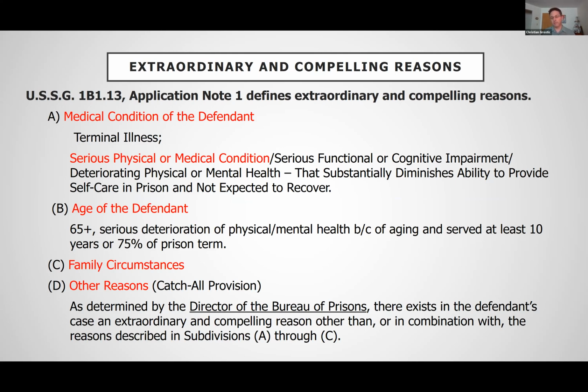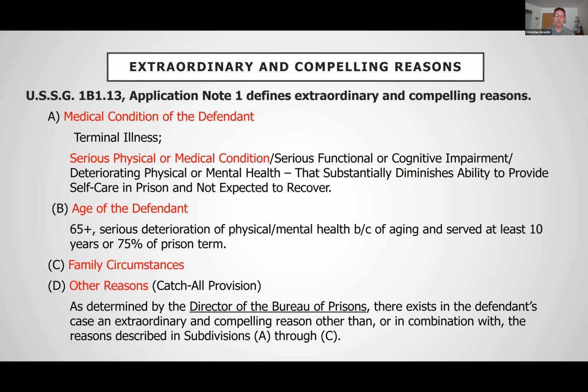It really only involves if the client has children where nobody else is available to care for them, or a spouse who, because of terminal illness or something similar, needs the client to take care of them. Other family circumstances, like other family members, you might be able to bring them in under other reasons in section D.